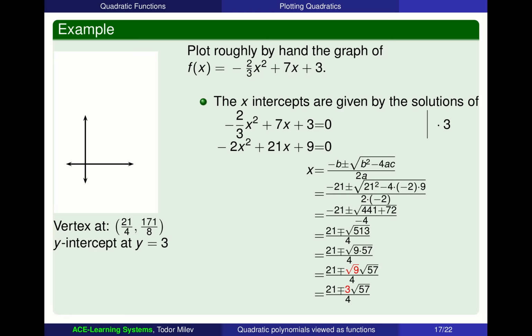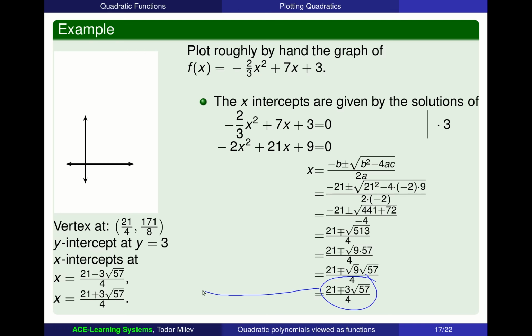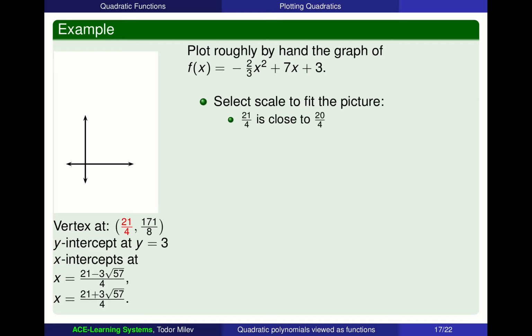So we have our x-intercepts. I have copied my x-intercepts here. Here's x1 and here's x2.